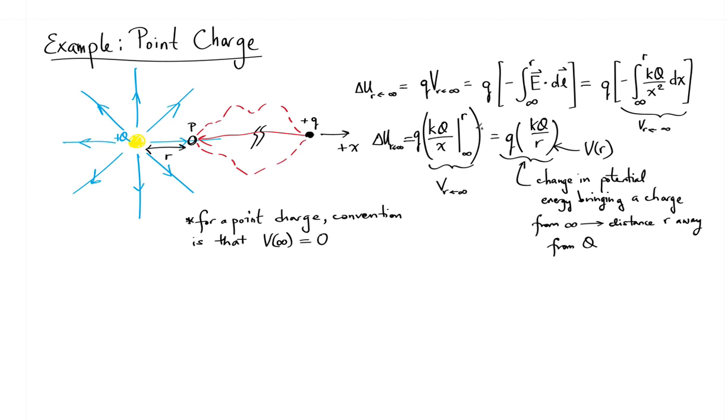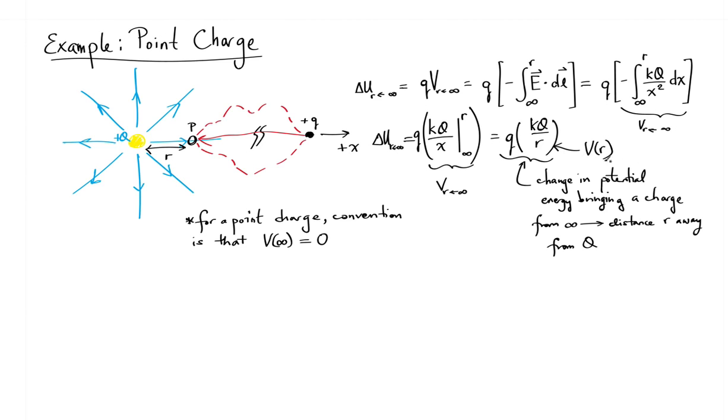So V of r going from infinity to r. If V at infinity we said was 5, to get the absolute value of the potential I would add 5 to everything. But basically we say that very far away, the influence of the electric field is very weak, so the potential due to that point charge is 0.